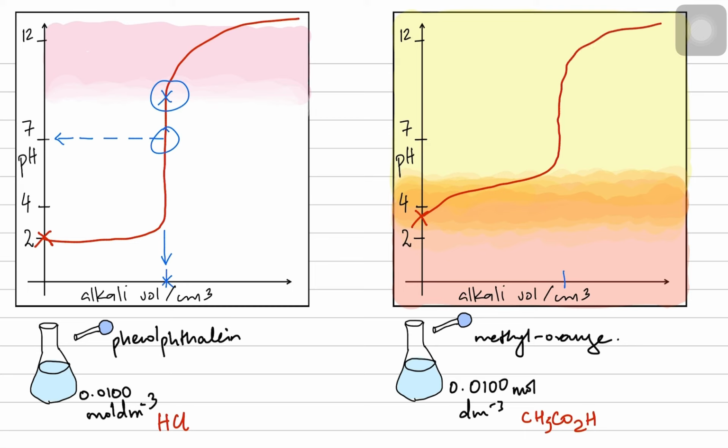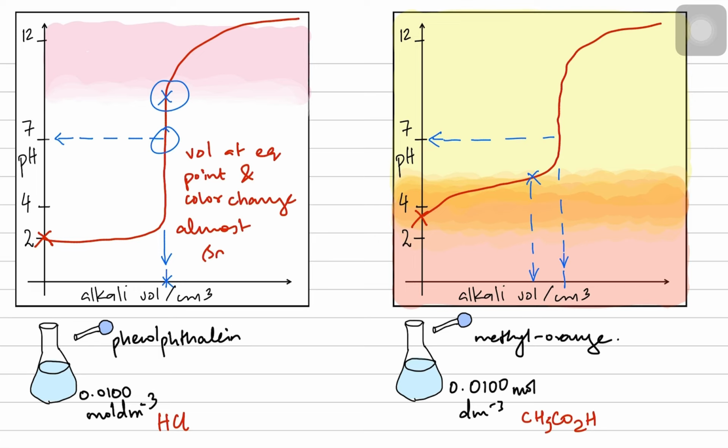But for the weak acid, you can see the titration looks like this. And it is very clear that when the color change is happening and when the equivalence point is reached, both are different. When the graph reaches the yellow region, that is very different from the graph reaching pH of 7. In HCl, the volume at the equivalence point and the color change are almost the same.